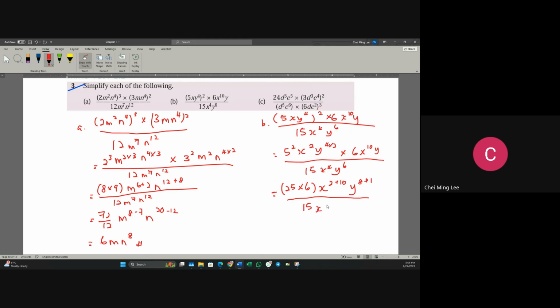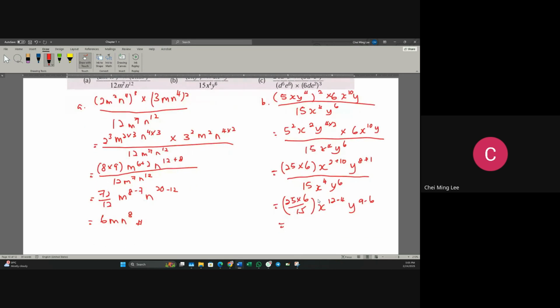And then x to the power of 4, y to the power of 6. So we took out this one, 25 times 6 over 15. And then x to the power of 12 minus 4. y to the power of 9 minus 6. So somehow you should get the answer.